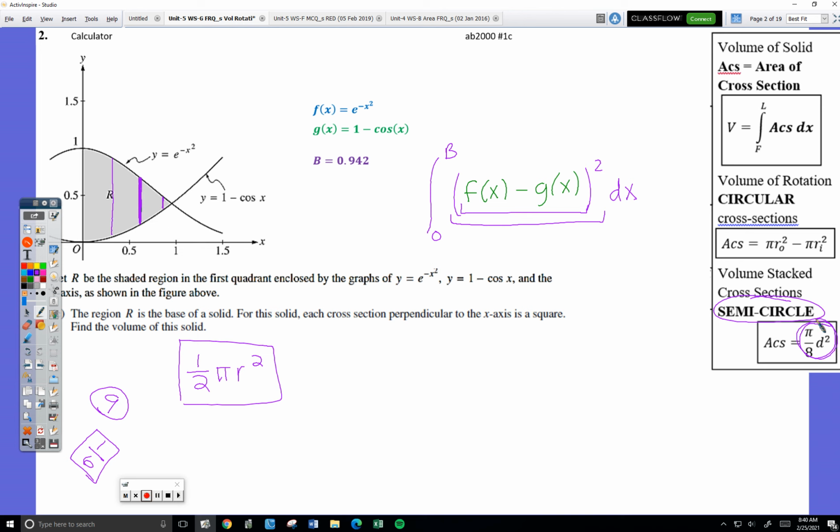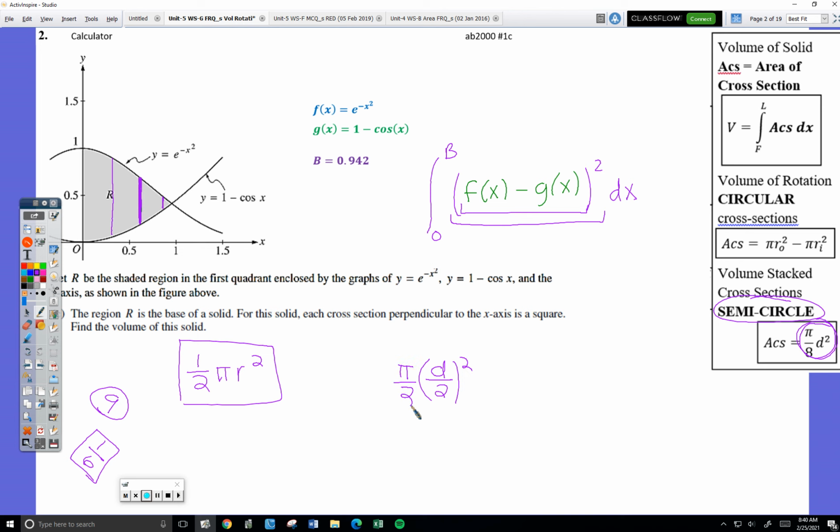Logan. Is it always pi over 8 or is that just... Always pi over 8 for a semicircle. Yep. Is that because it's like 1/2 for the semicircle and then a fourth because it's the diameter? Here's exactly what happens. If I take the diameter and I need to make it the radius, I have to half that, right? And then I square that radius, multiplied by pi over 2.